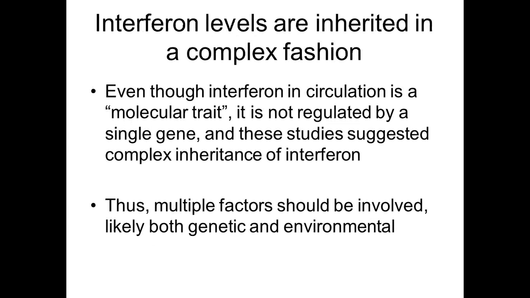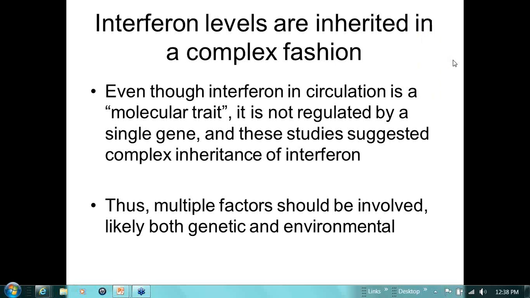And so this slide, just to make it a little more clear, goes back to some of the earlier slides, the single gene inheritance versus multiple gene inheritance. It actually looks like even when you study something molecular, like interferon levels, in families, it wasn't a simple single gene thing.